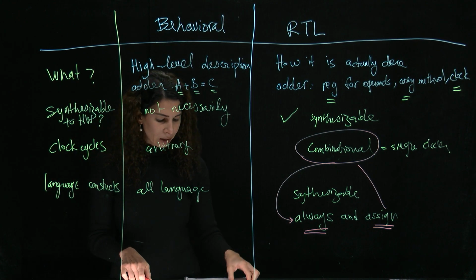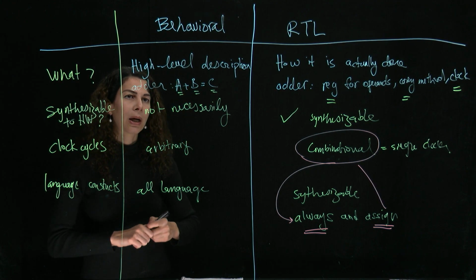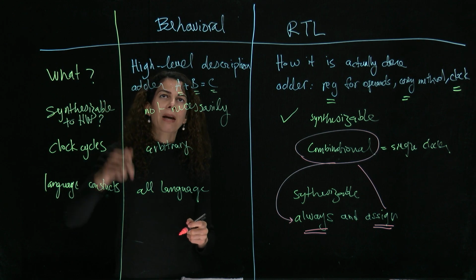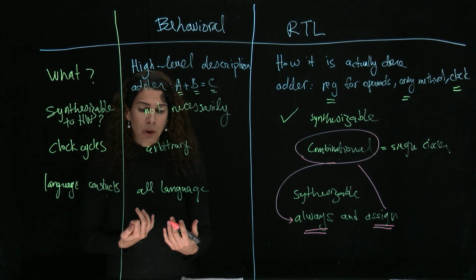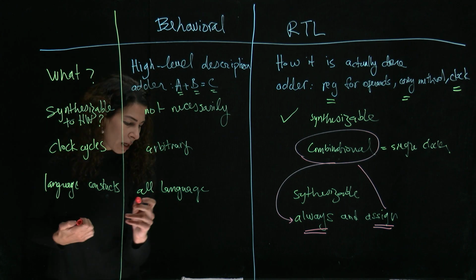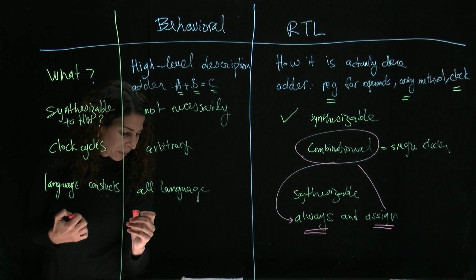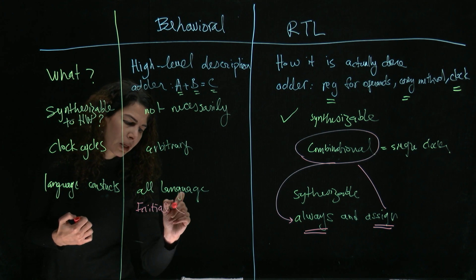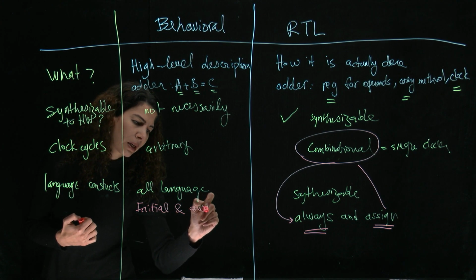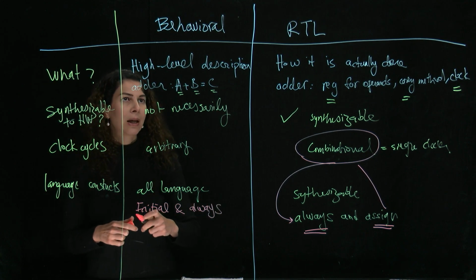Mostly here, for the behavioral model, which is basically a finite state machine or a sequential design, we typically use initial and always to describe it.